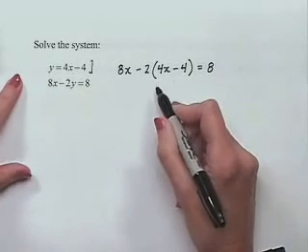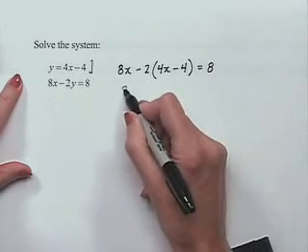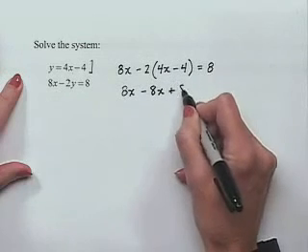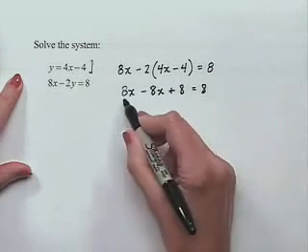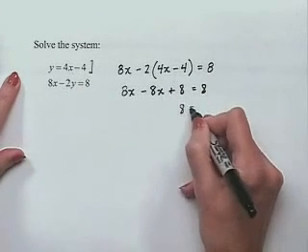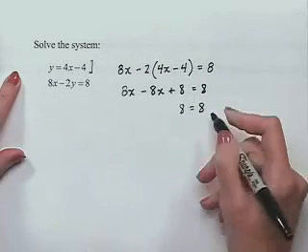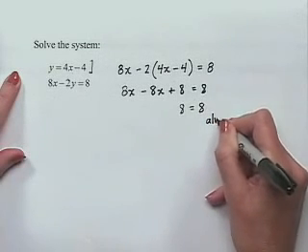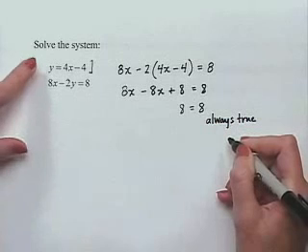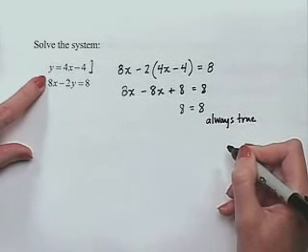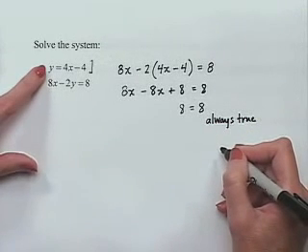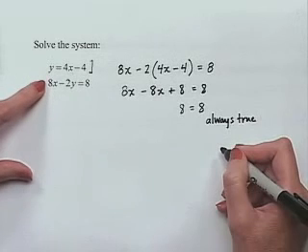Let's simplify by using the distributive law. We'll have 8x minus 8x plus 8 equals 8. We subtract out our x values on the left, leaving us with 8 equals 8. Now, 8 equals 8 is always true. What that indicates to us is that these two equations are always going to be intersecting. And in fact, if we go back to the graphing, what we'd find out is we actually have the same line.